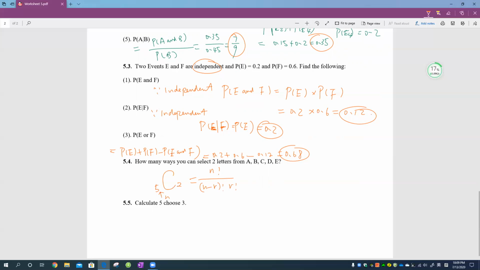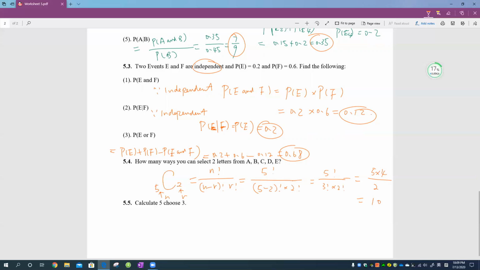This is n, this is r. So we have 5 factorial divided by 5 minus 2 factorial times 2 factorial. So that is 5 factorial divided by 3 factorial times 2 factorial. That's going to be 5 times 4 divided by 2. That is 10.